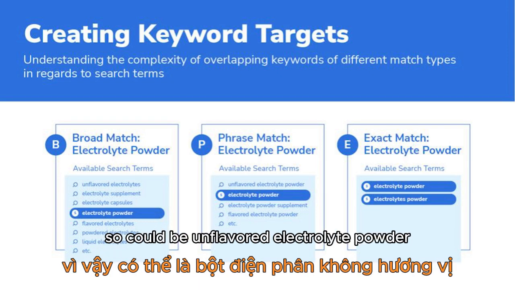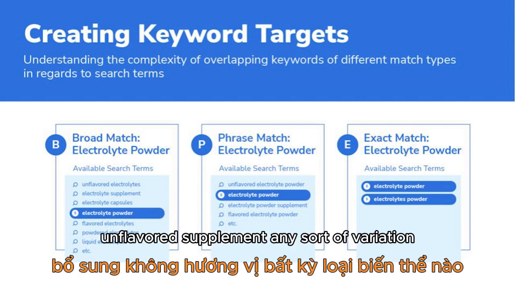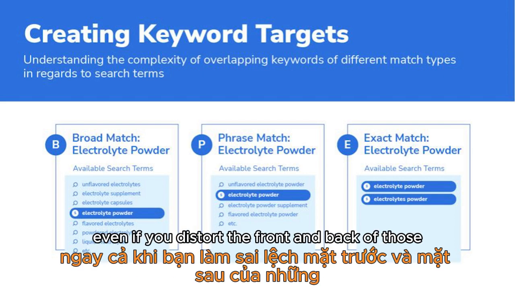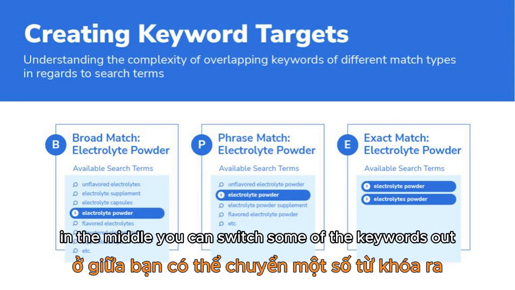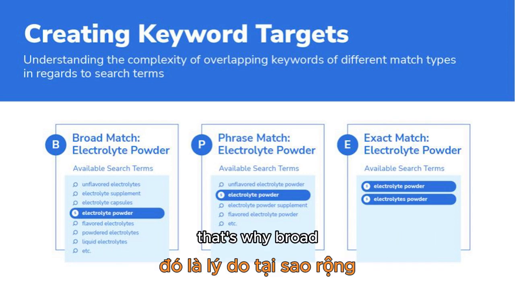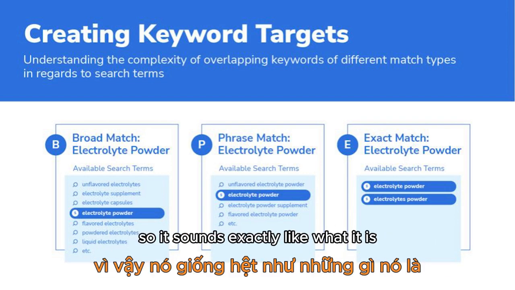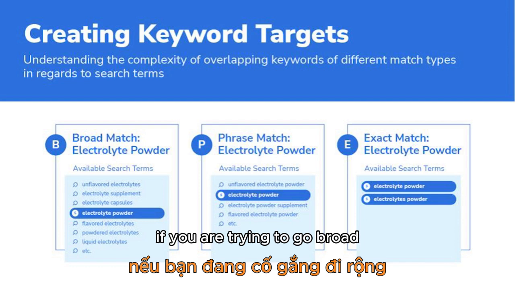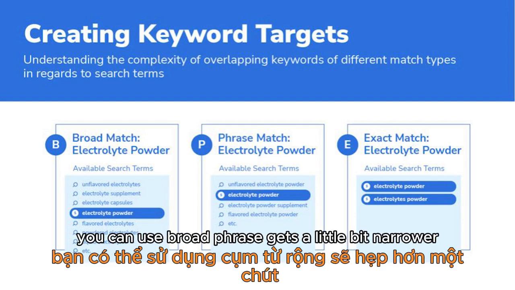So it could be unflavored electrolyte powder supplement, electrolyte powder unflavored supplement, any sort of variation. Even if you distort the front and back of those keywords, you can have keywords at the beginning and the end, in the middle, you can switch some of the keywords out. That's why broad will trigger for a lot of different keywords. So it sounds exactly like what it is. If you're trying to go broad and capture as many different search terms as possible, you can use broad.